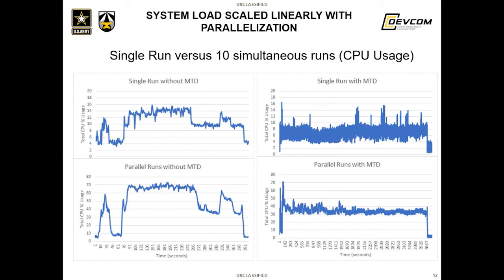After that, the transition was pretty seamless. We just imported the standalone file. We even increased the number of simultaneous runs, and everything worked without any change to the configuration, and those are the results that you're seeing here.